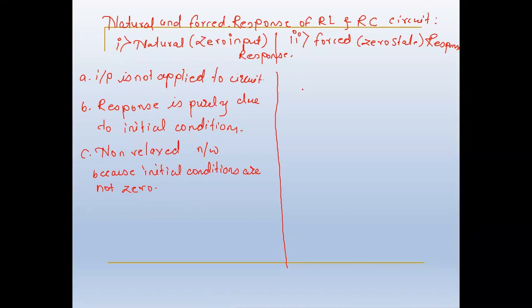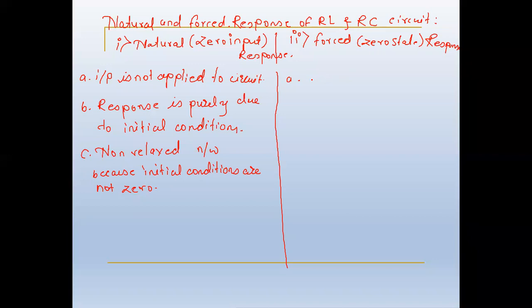What about the forced or the zero state response? Consider that an input is applied to the network and all initial conditions are zero. Therefore, the response of a network to the applied input is called the zero state response.